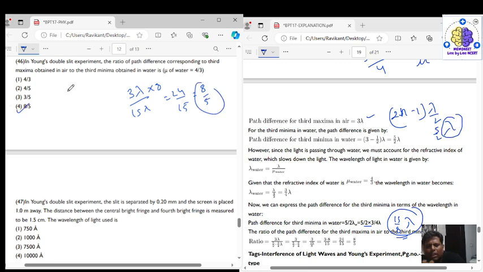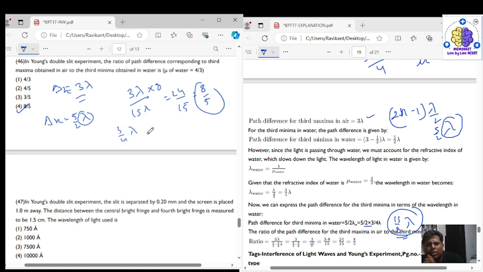Again, for the path difference, delta x for the third maxima will be equal to 3 lambda. This is in air. Now in air itself, delta x for the third minima will be equal to 5 by 2 lambda. But when it is in water, this lambda will be replaced by the new lambda, that is 3 by 4 lambda.